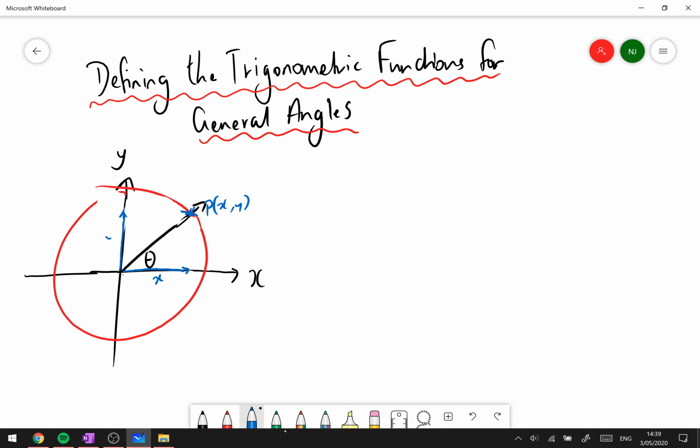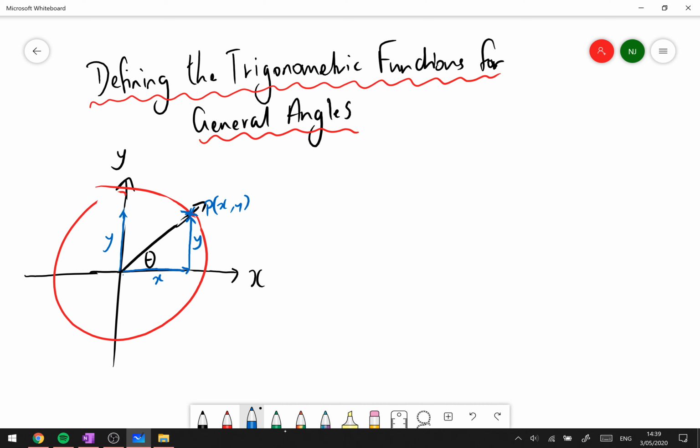So it's a fraction of the x part of the circle, and a fraction of the y part of the circle. I'm just going to translate this y over here.